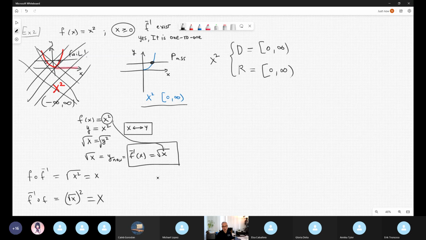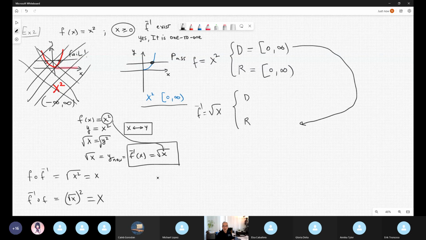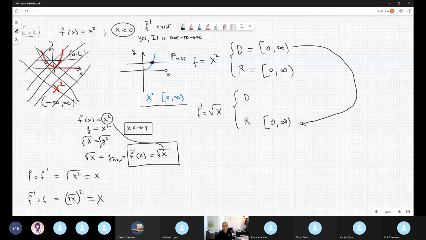The square root, the positive number is positive. O 0, que es 0 es especial. And the square root, que es the inverse function. This is the original, and this is the inverse. Domain and range is, you know, the domain is the range of this, and the range of this is the domain of this.